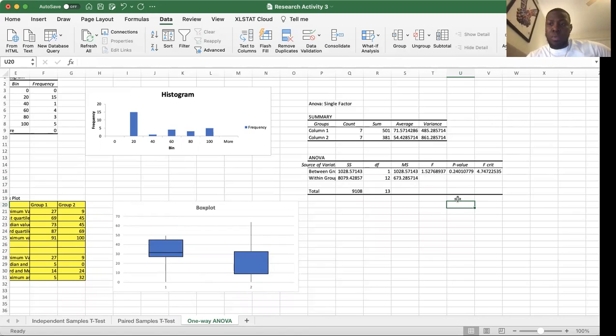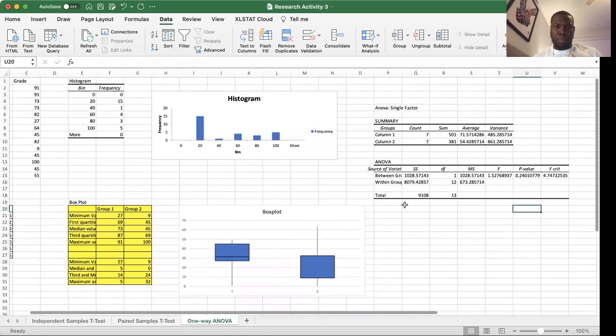My alpha is 0.05. So with the p-value being 0.2, my means are not significantly different from one another. So that's what this means.